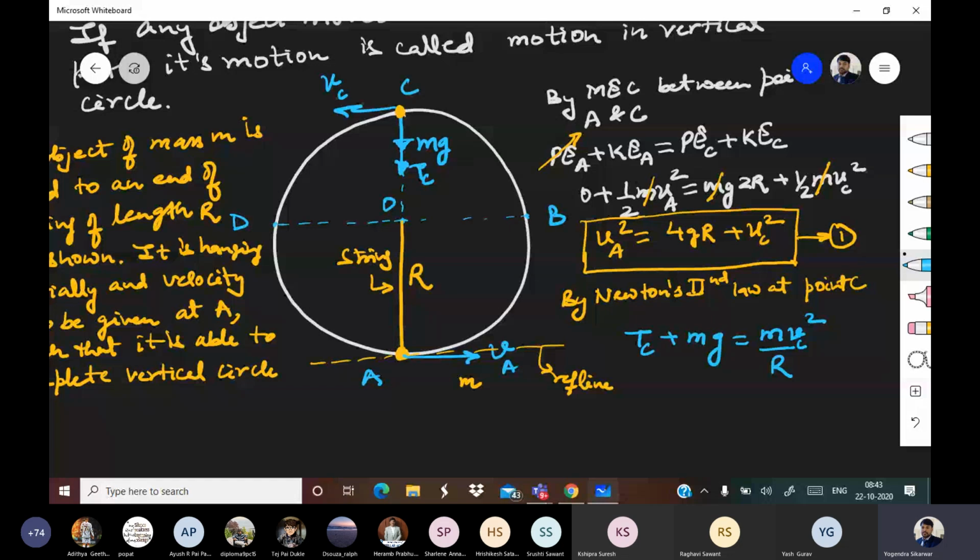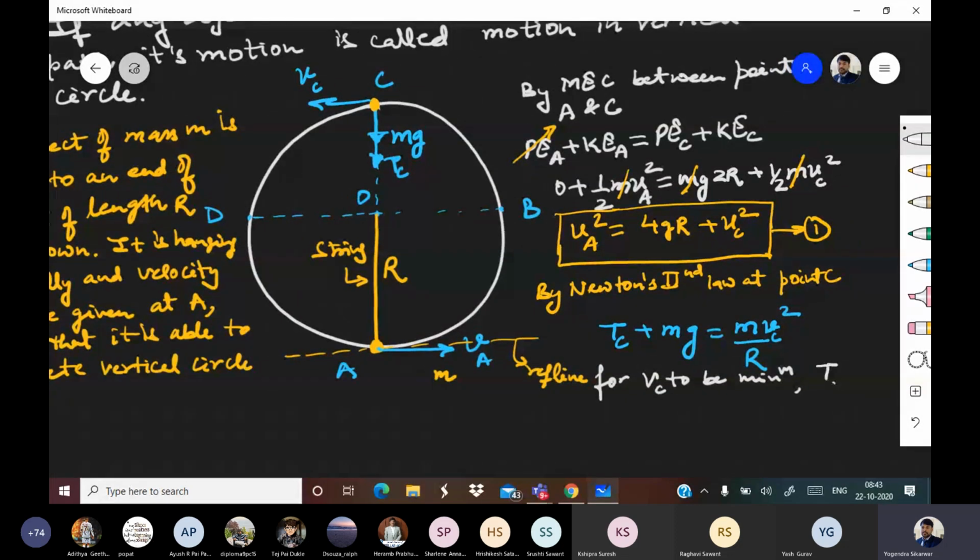If we want Vc to be minimum, so that it is able to complete the vertical circle, then mg cannot be reduced, correct? So what can be reduced? Tc can be reduced. For Vc to be minimum, Tc is equal to 0. So tension at C can be 0.